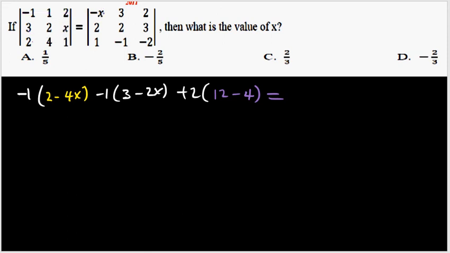Okay, when I go to the next now, again I will take negative x, then in bracket I'll cancel the first row, first column. 2 times negative 2 is negative 4, minus, you know, there is a minus here, and negative 1 times 3, negative 3, which is plus 3.